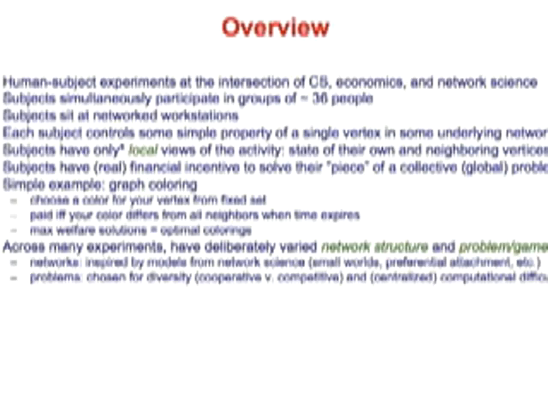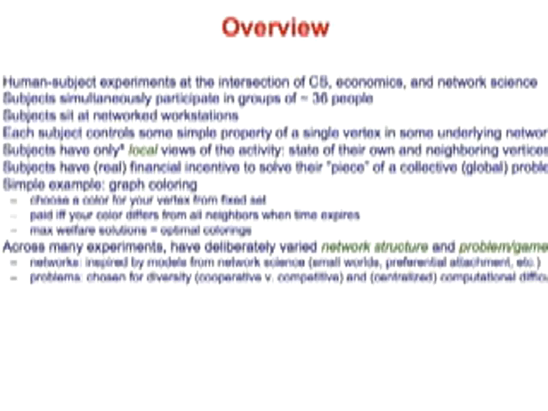We've done several sessions of these over the past couple of years. The sessions themselves are extremely time-consuming to design, to execute, and then afterwards you have this very, very rich data, and it takes months and months of deciding what analyses to do in the data. But basically across many experimental sessions, we've deliberately varied at least two main design variables. One is the network structure itself: what does the topology of the network or graph look like?